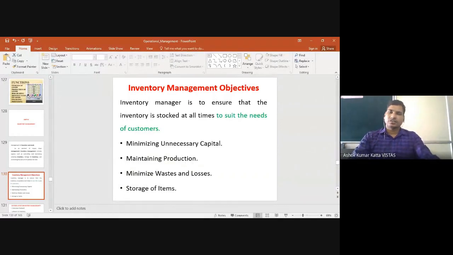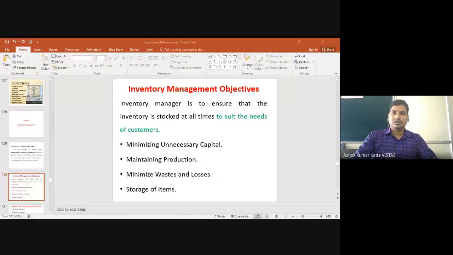You should be able to say that in our department we have sufficient space. Even if you want to store your products for 1 year worth, we can store all the materials at our inventory warehouses. So that much big space we have.